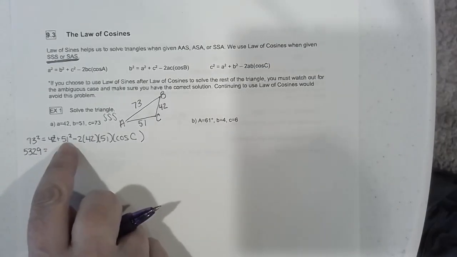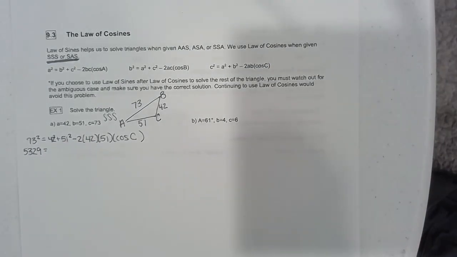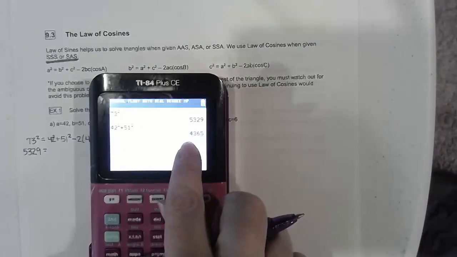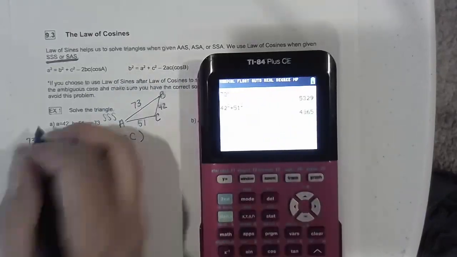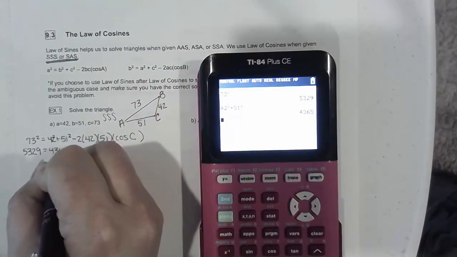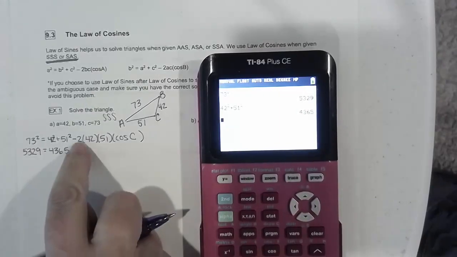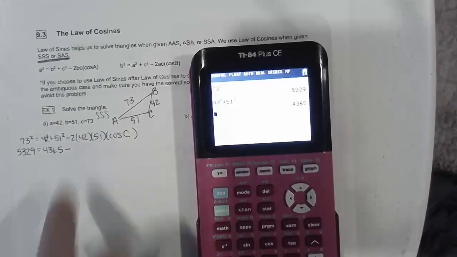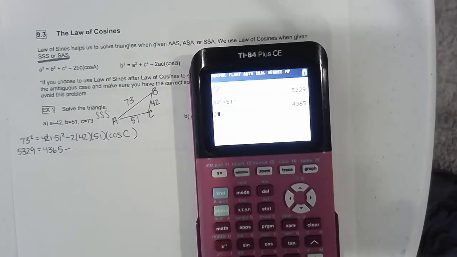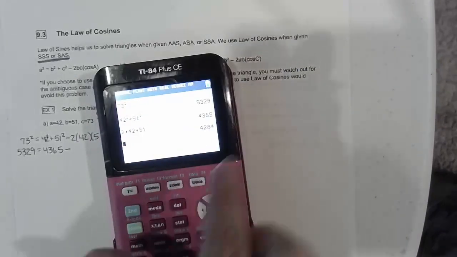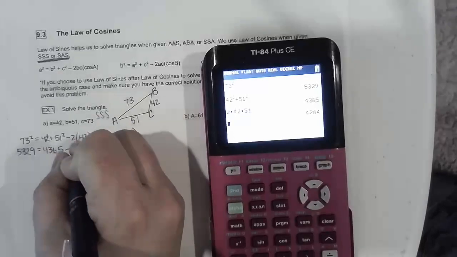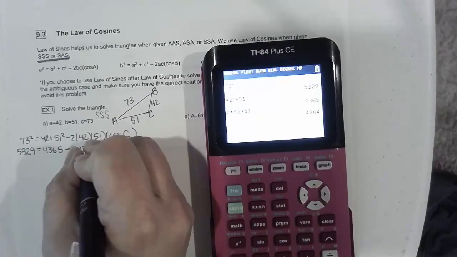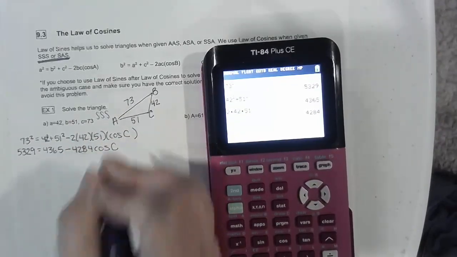Here, 42 squared plus 51 squared gives me 4365. Then this is multiplication. So 2 times 42 times 51 gives me 4284, times the cosine of angle C.